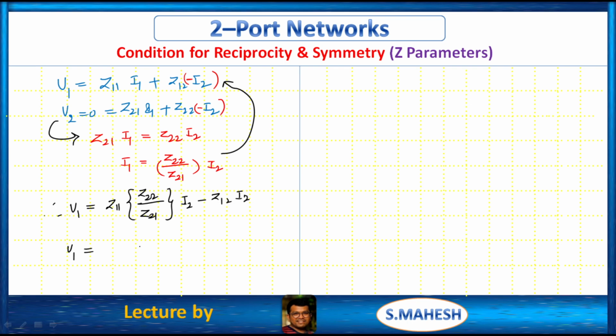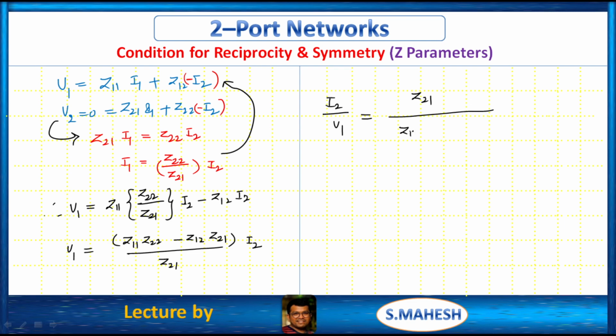From this V1 is Z11 Z22 minus Z12 Z21 by Z21, into I2. So from this we can get I2 by V1, that is Z21 by Z11 Z22 minus Z12 Z21.